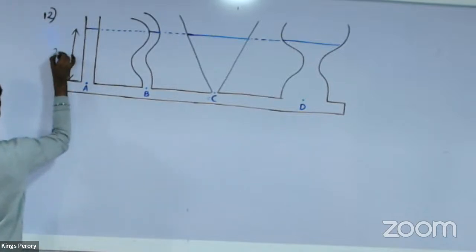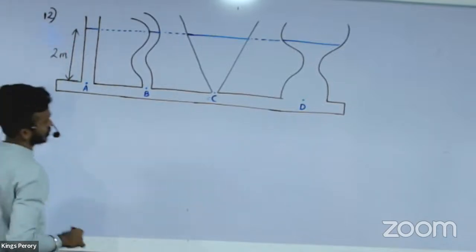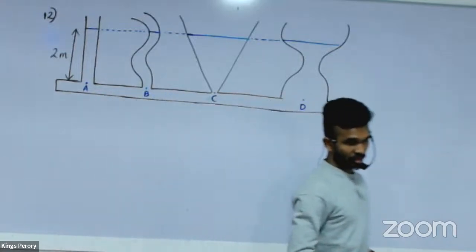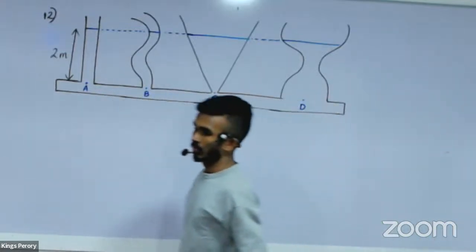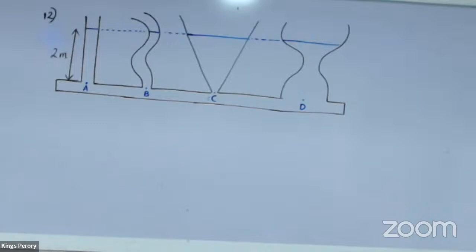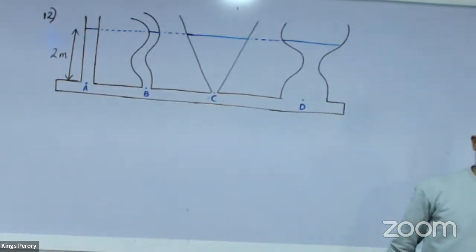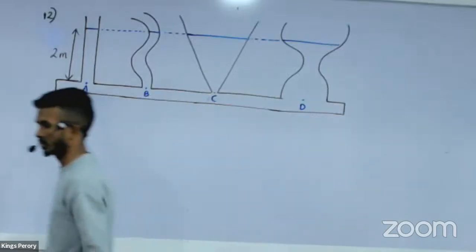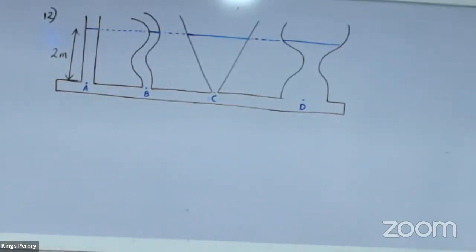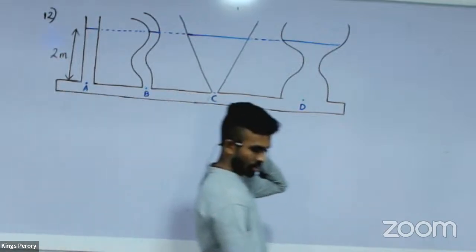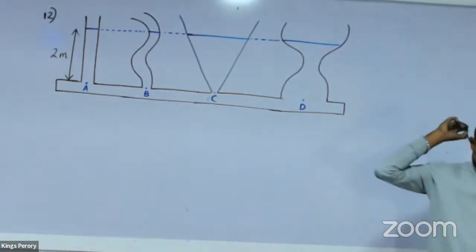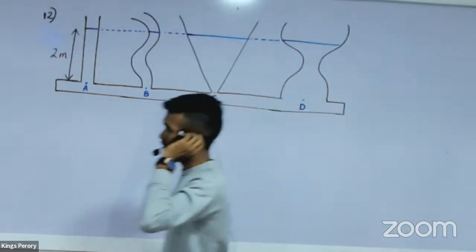Inside brackets, density of liquid: 1000 kilogram per meter cube.